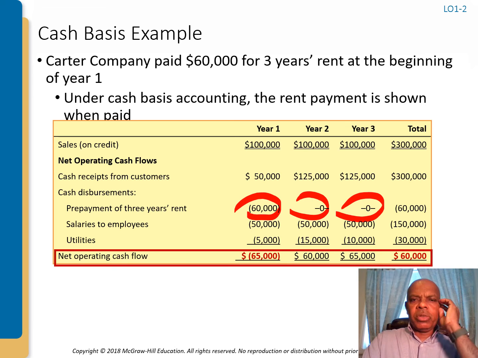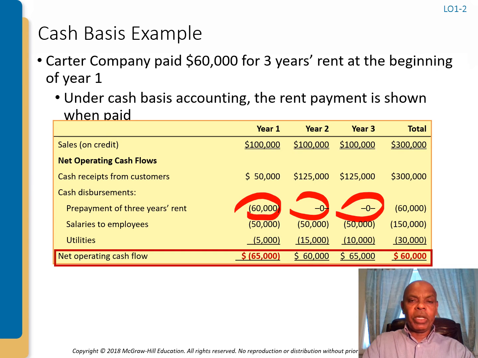Here are the sales. Assume the sales are 100,000 each year. That's simple. In operating cash flows, you have cash receipts of 50,000 and 125,000 in years 2 and 3, total 300,000.